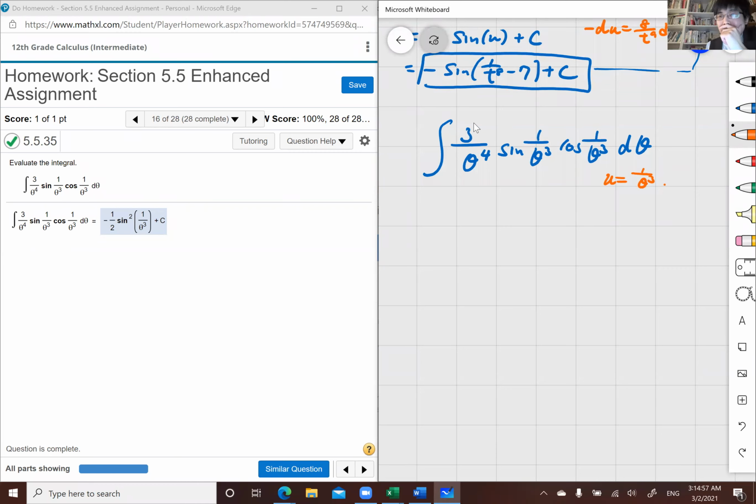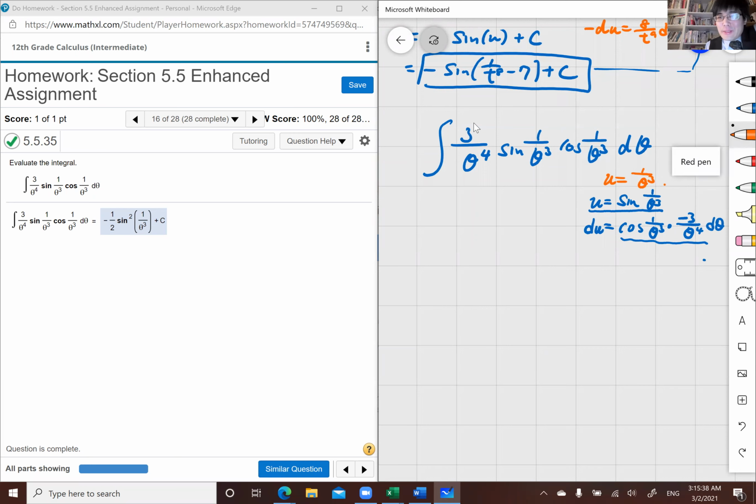A better idea in this question is to put u equal to sine of 1 over theta cubed. The reason is that if you substitute the entire sine function, then du is going to include both the cosine part and the theta to the power of 4 part. Do you see that this includes everything here?